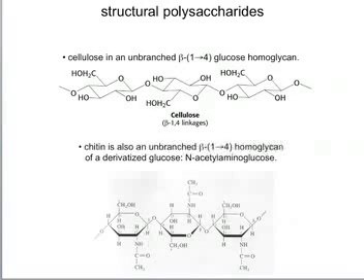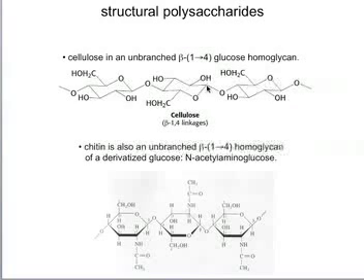I'll point out again that we have to be cautious when we look at the structures of these molecules. Here we see this molecule drawn in a more or less standard configuration. The anomeric carbon is here on the right, beta 1 to 4, but this carbohydrate is drawn flipped, so that now carbon 1 is here, 2, 3, 4, right?